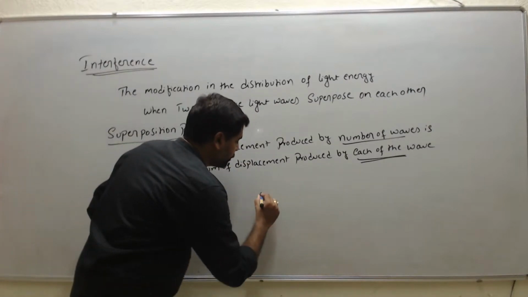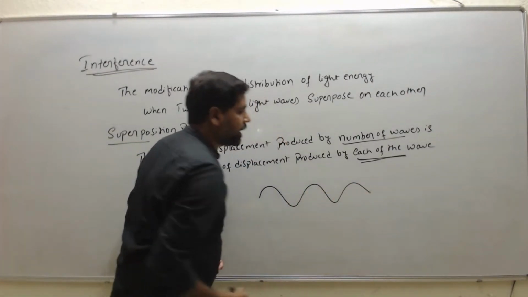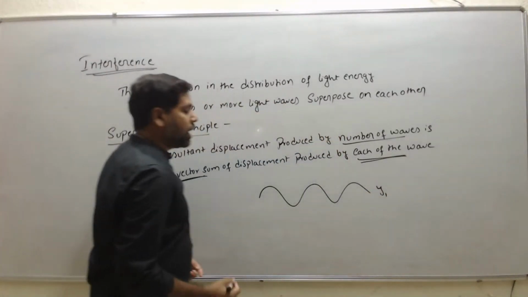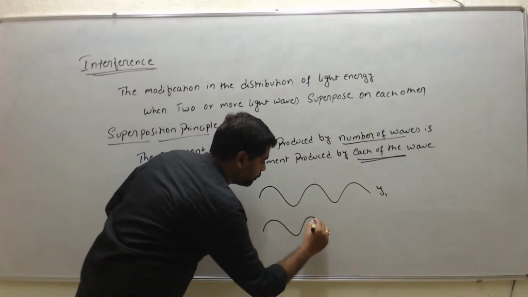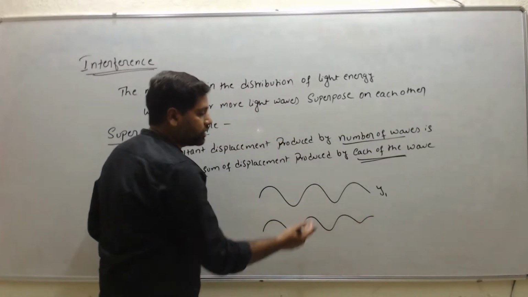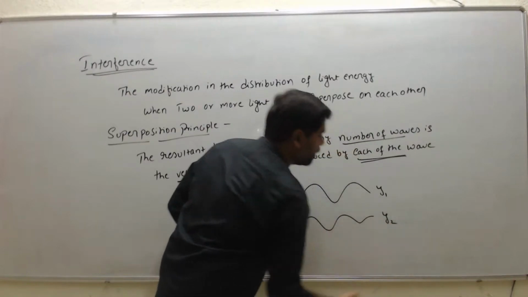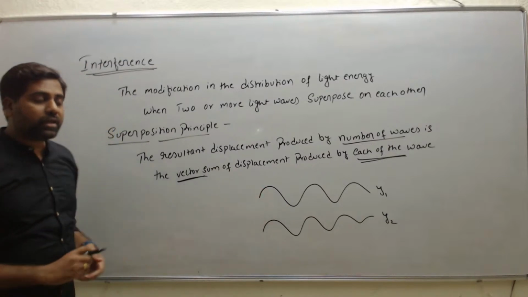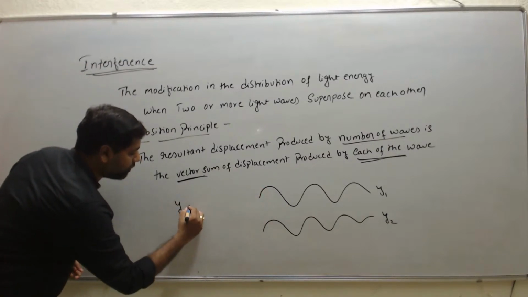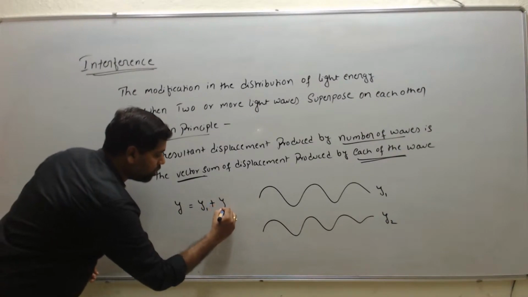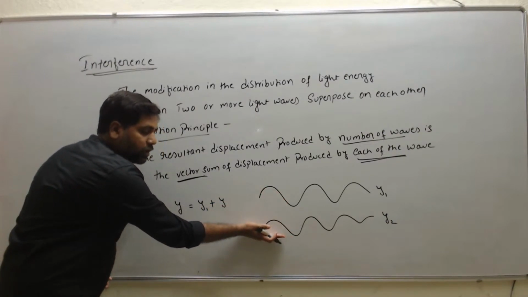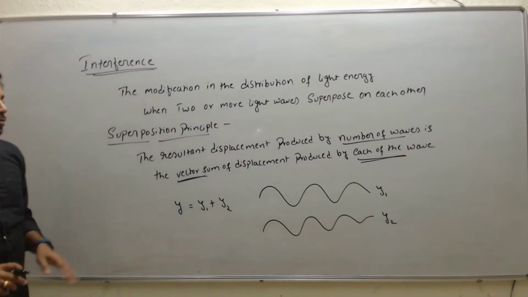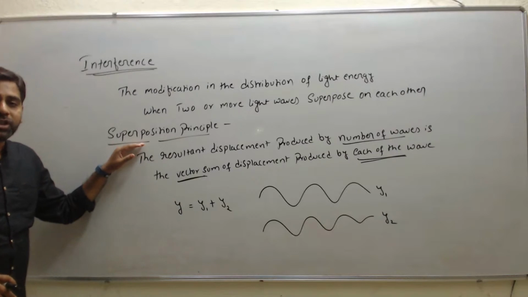If we consider this one wave, it produces the displacement y1, and for another wave the displacement is y2. Then the resultant displacement y is equal to the vector sum of the individual displacements of these two waves, that is y1 plus y2. So this is the statement of the superposition principle.